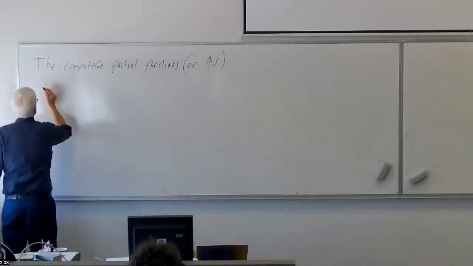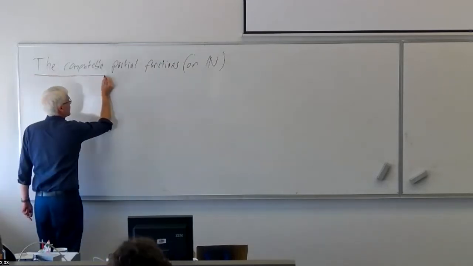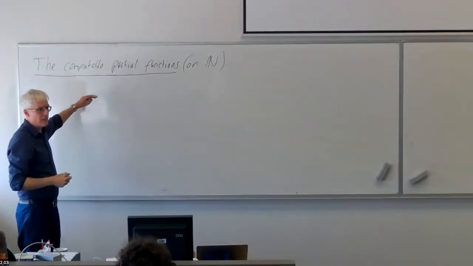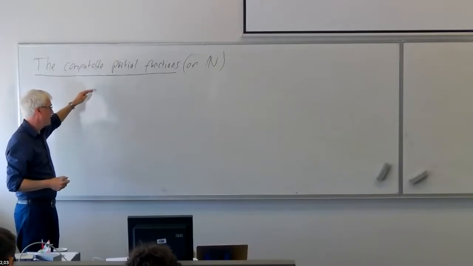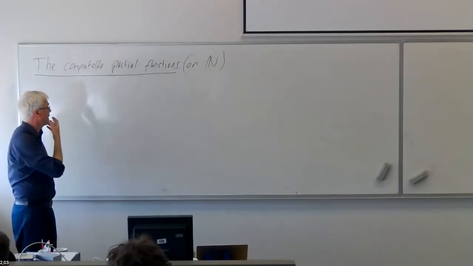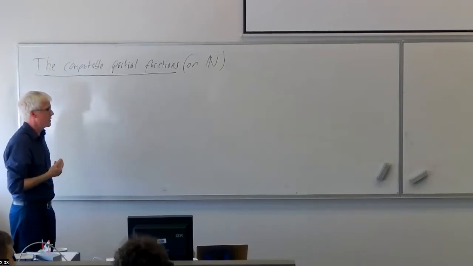So we're going to look more at computability on the natural numbers, which we paved the way for last week by talking about representations of the natural numbers on Turing machines.